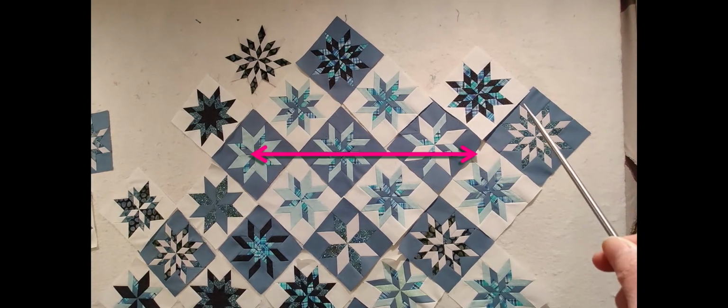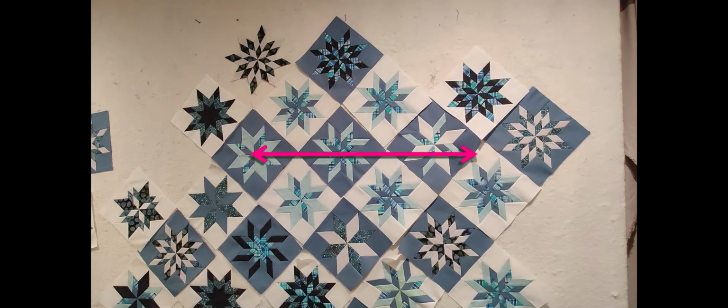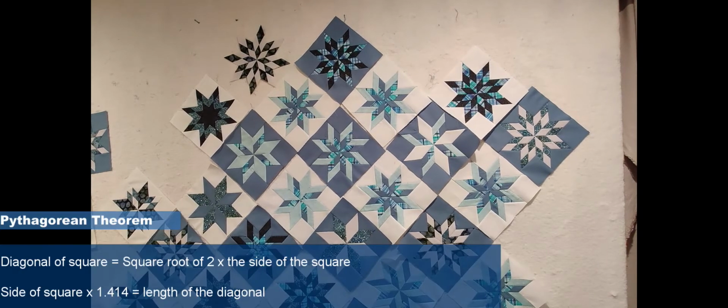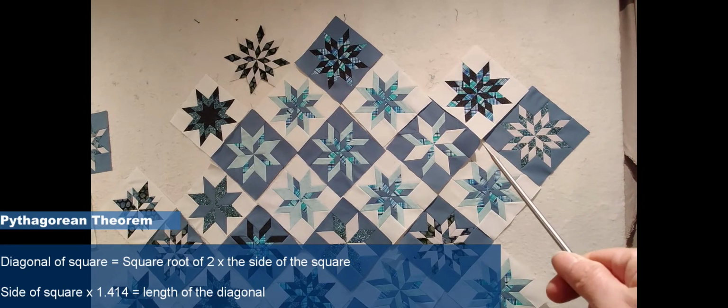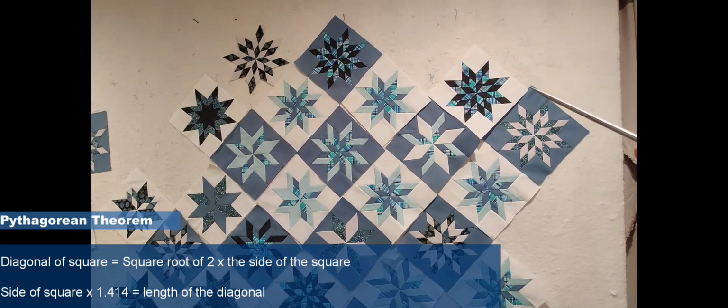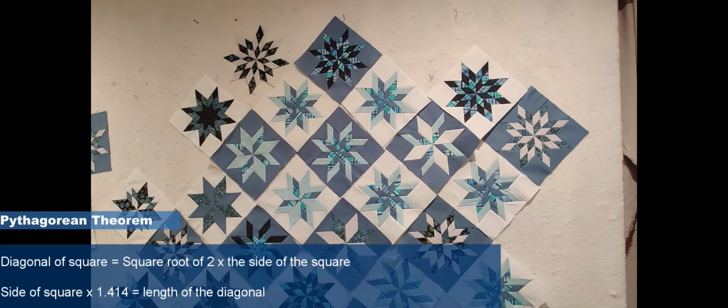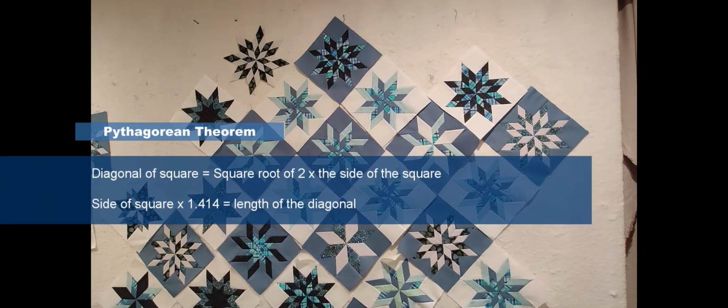Because this is on point, it's the diagonal that's running through, and we rely on Pythagoras, and Pythagoras tells us that the length of our block from diagonal to diagonal is going to be 1.414 times the side of my block. My block is 9.5 inches finished. If I multiply that by 1.414, I get about 13.4 inches.